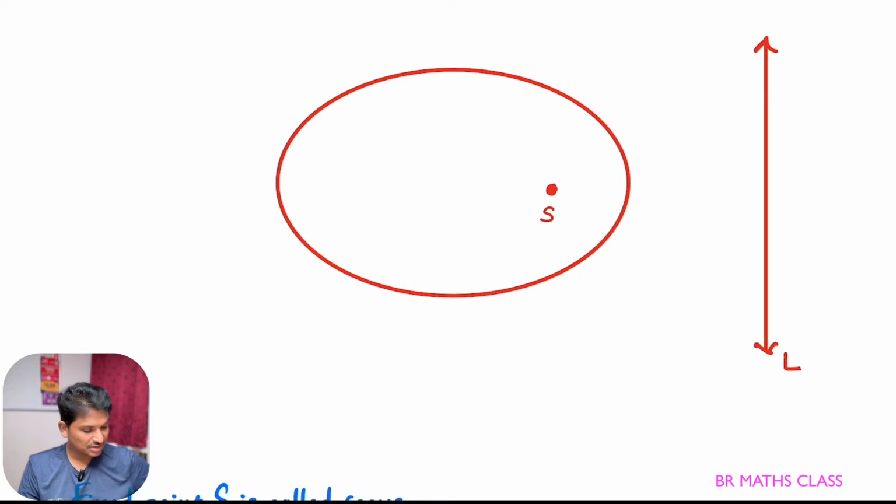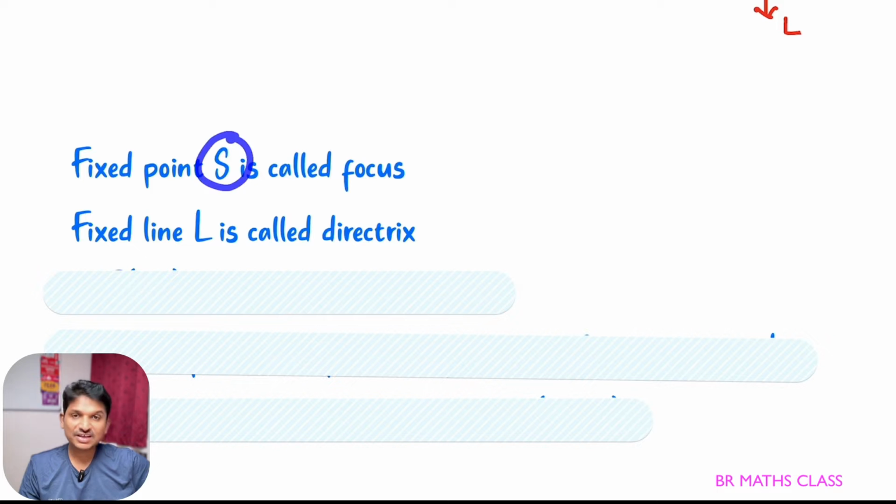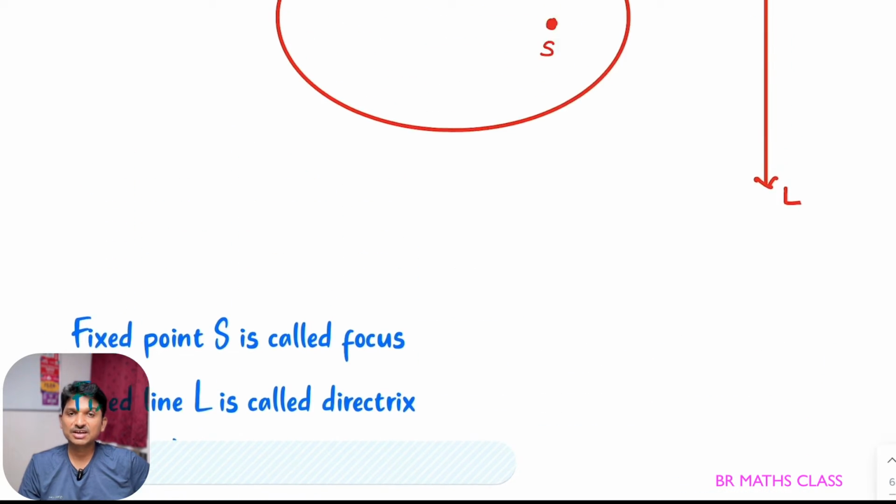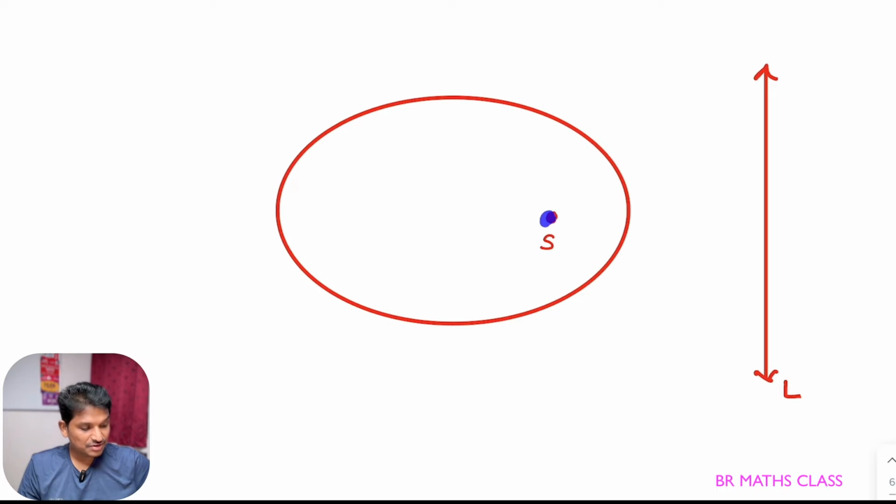First point, see here, the fixed point S is called the focus and the fixed straight line L is called the directrix. That means this is the fixed point S and this is the fixed straight line L. This point S is called the focus. This line L is called the directrix.